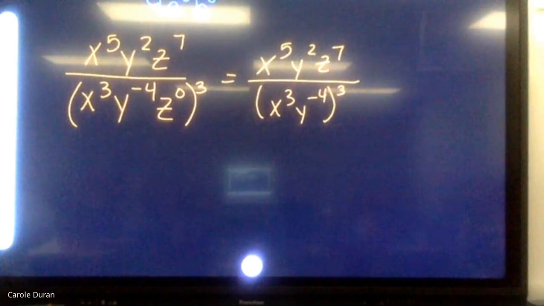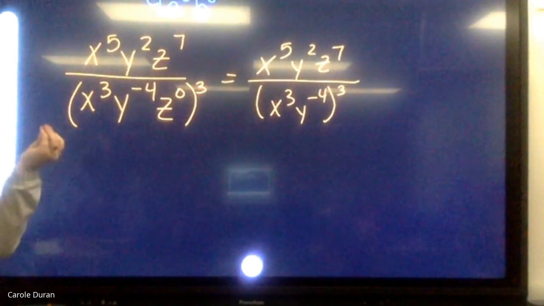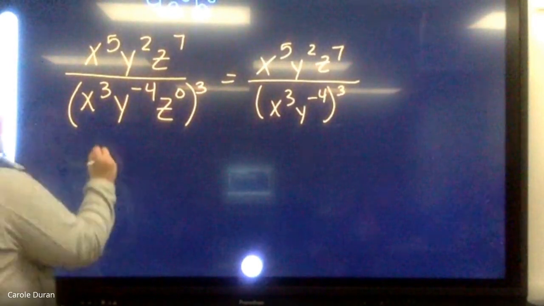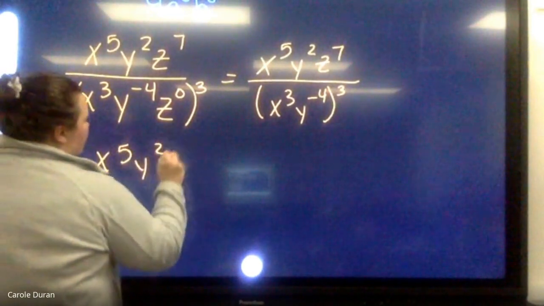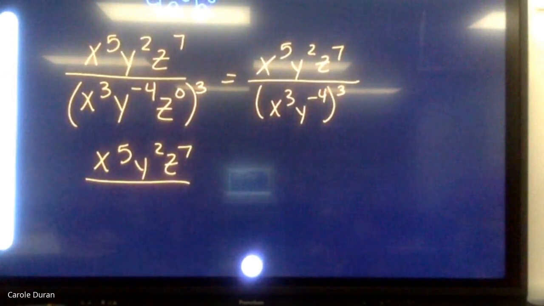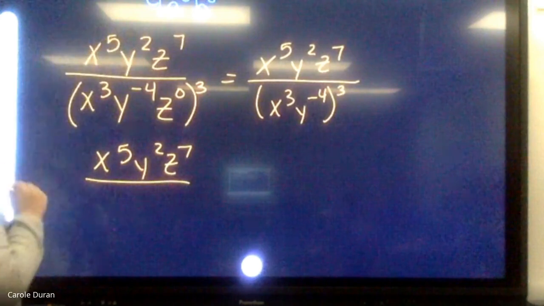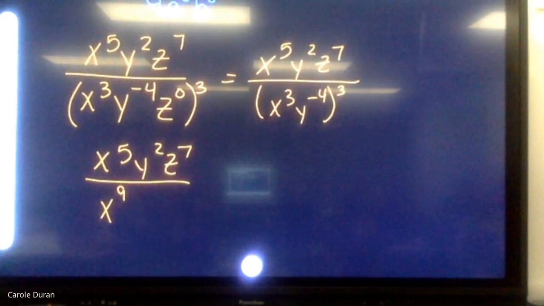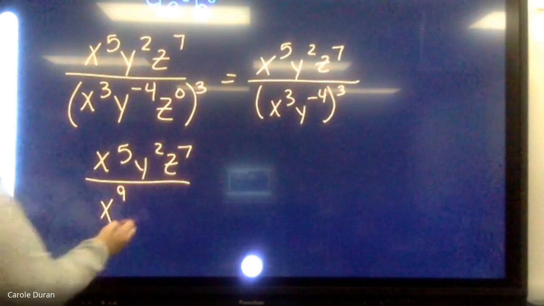When I take an exponent to an exponent, what do I do? We multiply. So this becomes x to the 5, y squared, z to the 7 in the numerator, over x to the 3 cubed, which would be x to the 9th because 3 times 3 is 9, and negative 4 times 3 is negative 12.